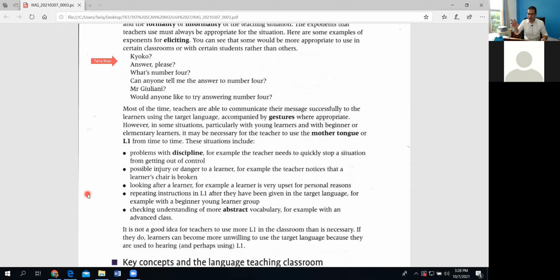Why? Because the child will be careful. English will not affect them that much, because they are not at the appropriate level of the language. They are not used to it that much. So you need to get their attention at that time to make them aware that there is some danger. So talk in the mother language.